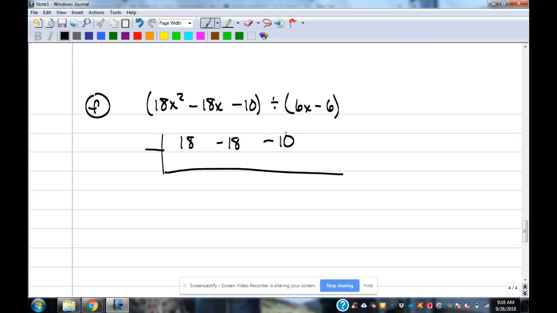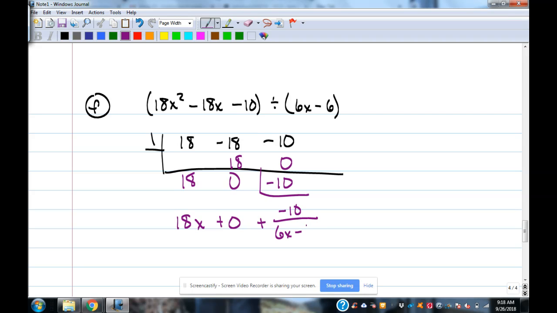As you move the 6 by addition and divide by 6, so it's +1. That's easy multiplication. I can do all that all day long. 18, there's a 0. That's 0, that's -10. This is the remainder. -10 is the remainder. We have 18x plus 0 plus -10 over 6x minus 6.